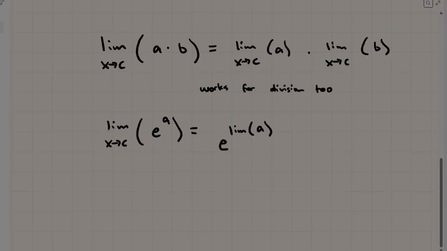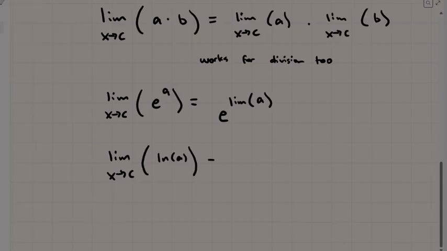And similarly with e, we could have the same relationship with ln. So let's say we had the limit of ln. Ln is just its own function, and so it would actually be equal to ln of the limit.